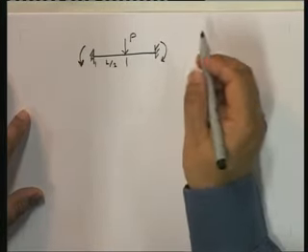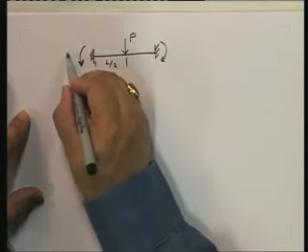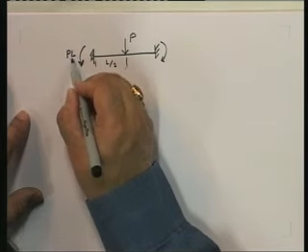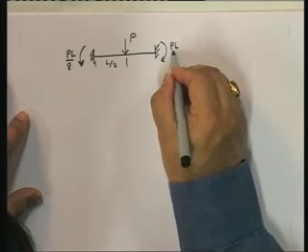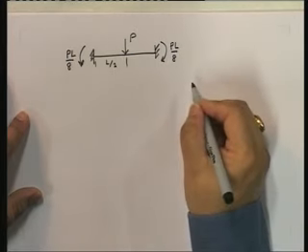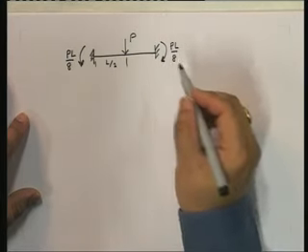We can derive them, but we already know what the fixed end moments are. These are equal to PL upon 8, PL upon 8, this way.